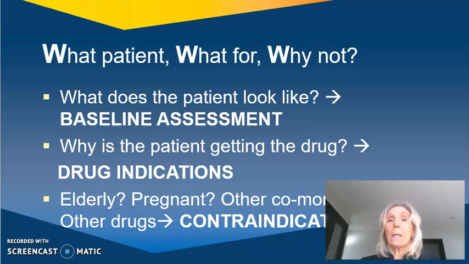We have to put that into context because those factors may change the way that drugs are metabolized and excreted. You also want to think about some of these things that might be contraindications, such as other underlying health problems or other drugs. So before we even think about the drug, think about that patient and then think about what's going to impact that drug therapy.